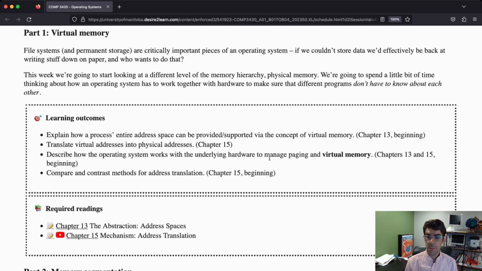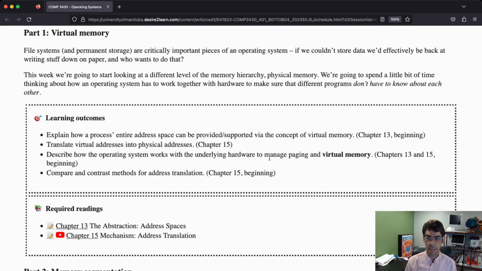And so it has to do things like set registers on the hardware, on the memory management unit or the CPU, like the base and bounds registers or the segment registers or the page table base register. It also has to keep track of making sure that the page table entries, for example, in paging are sane and meet the requirements of the hardware's design.